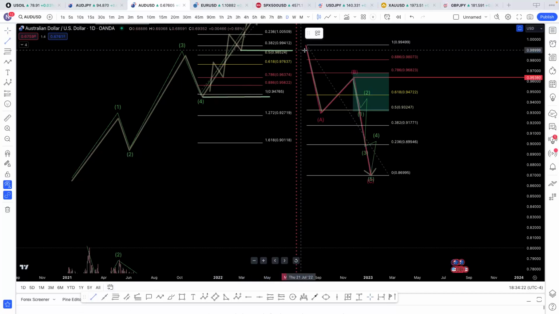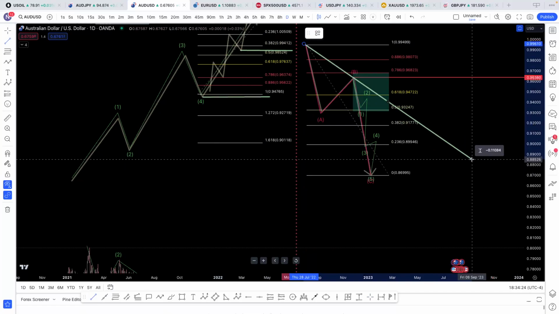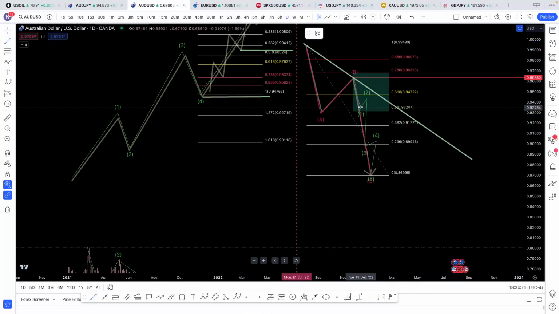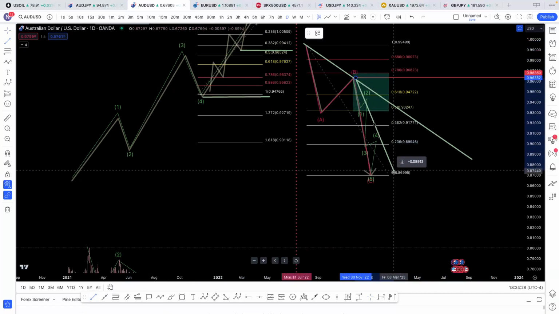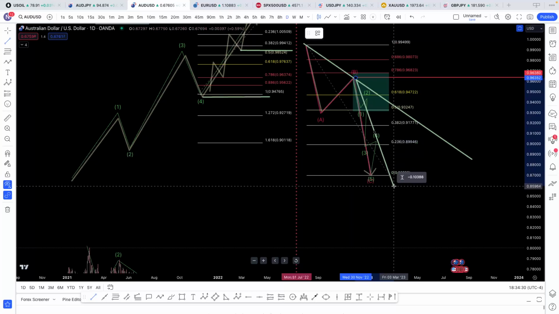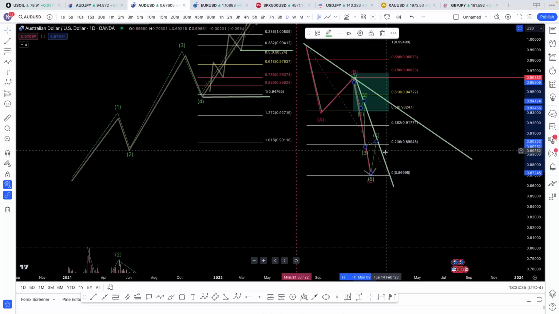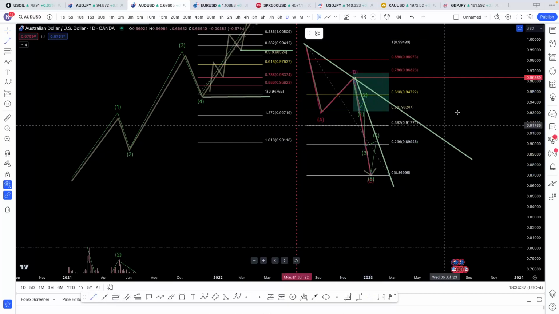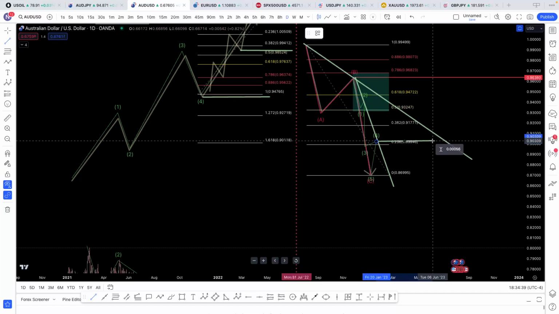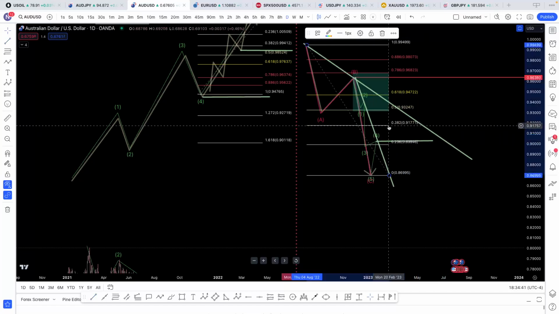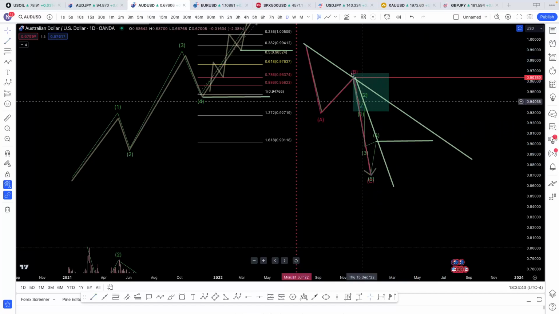So let me identify the first triangle here, and then my second one would appear something of the sort. I'm going to manipulate this a little bit, and then my impetus level would be here at the 4th wave, and then I'm going to take this off so that it can be seen easier.